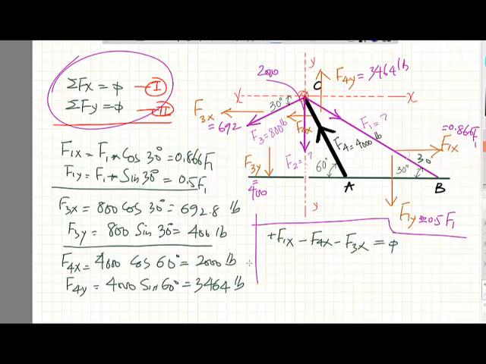So F1x is 0.866 F1, minus F4x is minus 2000, and minus F3x is minus 692.8, equal to 0, and from this equation we get the value of F1 is equal to 3,018 pounds.